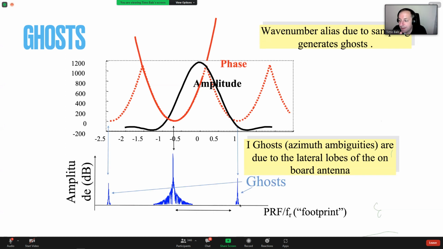That can also be very, very annoying. Sometimes we use the term ghost also for other signals which you just cannot explain. Unfortunately, in SAR remote sensing, there are several ghosts and signals that we cannot always explain. So one is that at the edge of the footprint. I will show you an example of that soon.